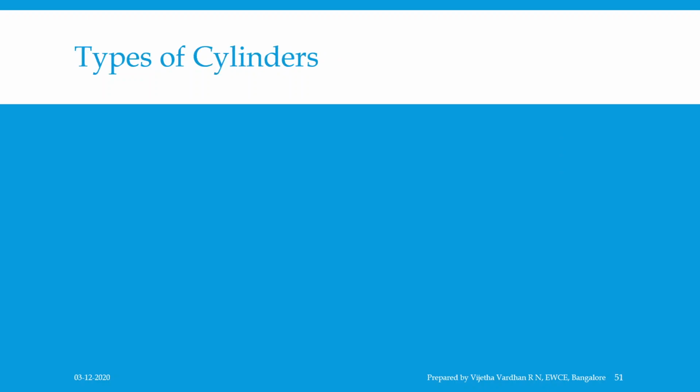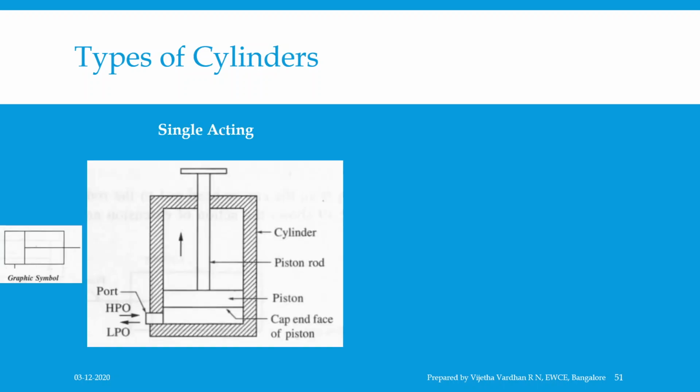Then, which are the different types of cylinders we have? Hydraulic cylinders are broadly classified into two types based on the number of ports on the cylinder and the entry of high pressure oil, which causes only extension or both extension and retraction. The first one is the single acting cylinder.